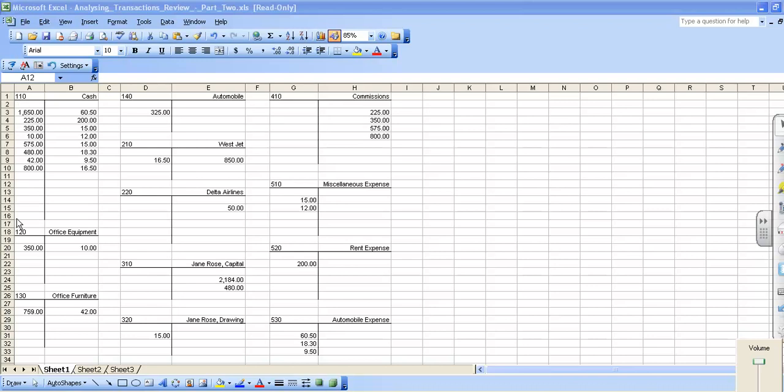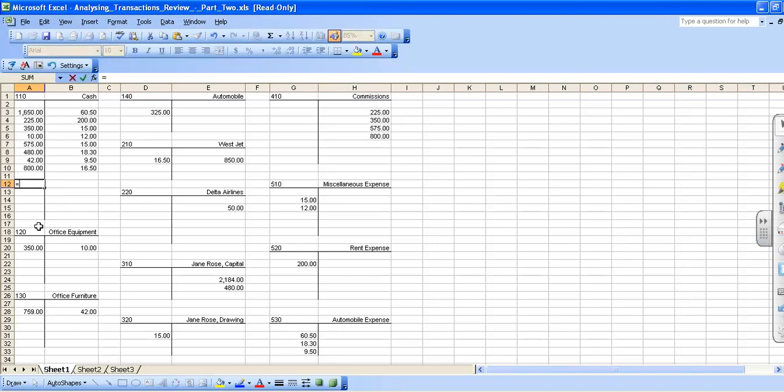So the balance is going to be found on the left-hand side, just like it is found on the balance sheet. To calculate the balance, we're going to add everything on the left-hand side. So I'm going to put in our formula, equals sum A3 to A10.